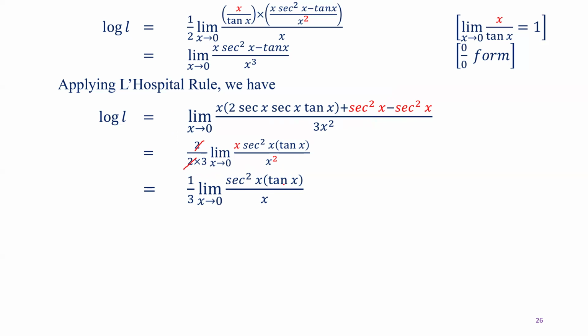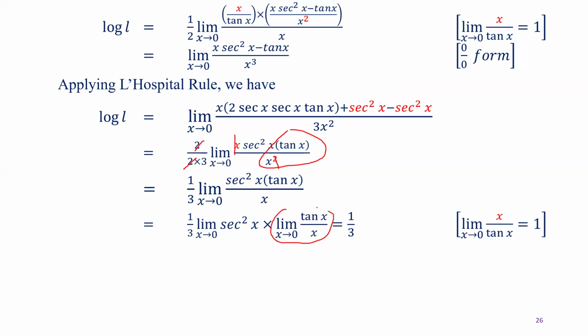Sec² x into tan x, because one x will cancel. Again tan x / x, when x tends to 0, is nothing but 1. And if you put x tending to 0 here, sec 0 is 1. So this is 1 and this is 1. So 1 by 3 into 1 into 1, the answer is 1 by 3.